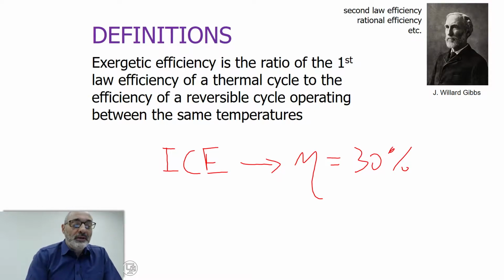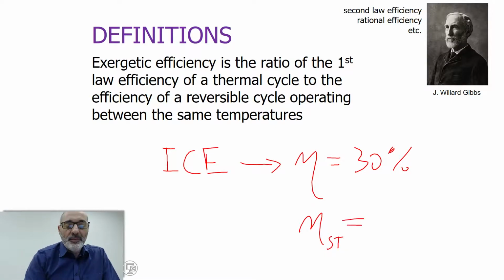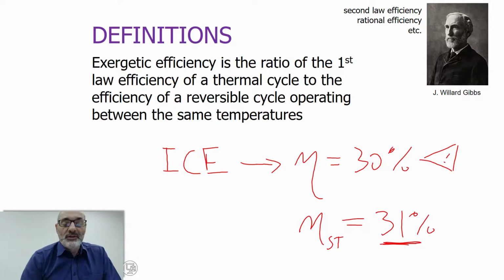Well, it depends, because if the efficiency of a Stirling engine working between the same temperatures is 31%, then this thermal machine is actually very good, because it's almost the maximum possible efficiency.